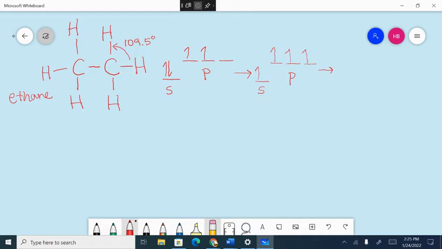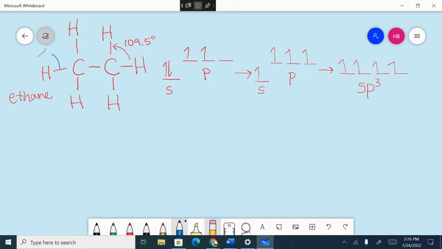So what we call this is that the 1s and the 3p electrons will do what's called hybridization. So this is the sp3 hybridized orbital. Let me draw you a picture of what we're talking about. These types of bonds are called sigma bonds.